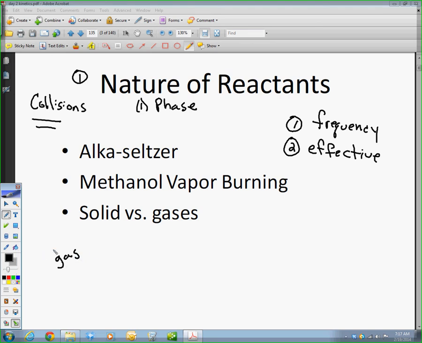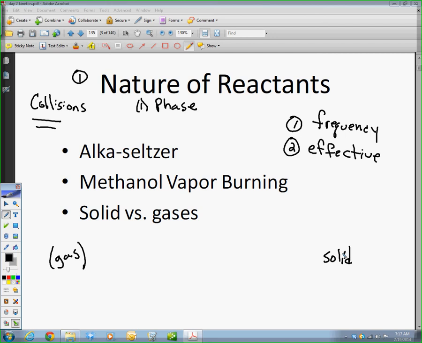So the gaseous phase, for example, chemicals in a gaseous phase will always react faster than chemicals in a solid phase, which is all the way at the end of the spectrum. Now, anything that you can do to increase mobility of your solid reactants, you would increase the rate of the reaction.